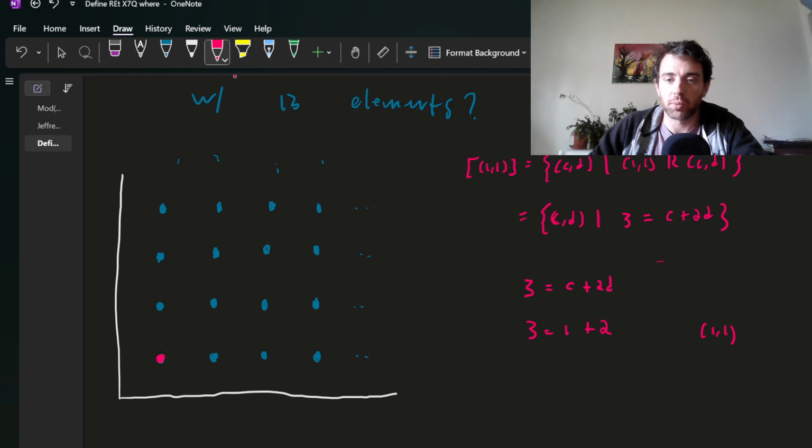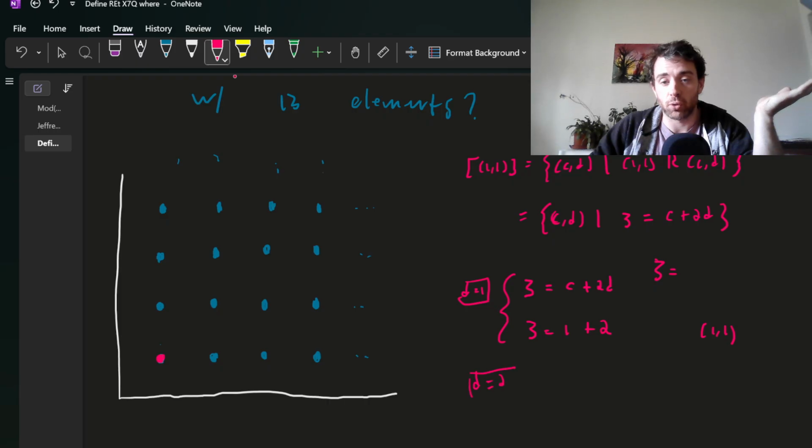What else could possibly be in there? Well, that was case 1, when d was equal to 1, the smallest possible choice. So the next choice is, what if d is equal to 2? Well, 2 times d is going to be 4.